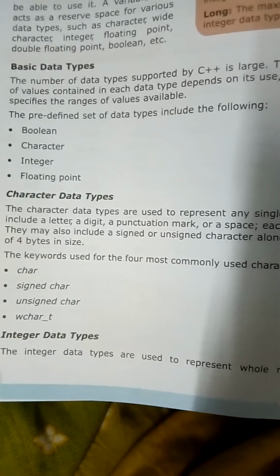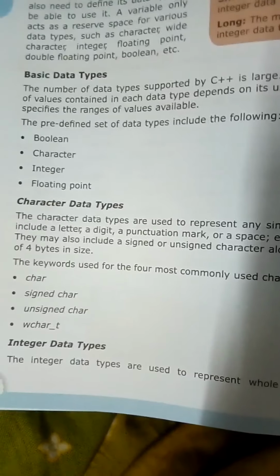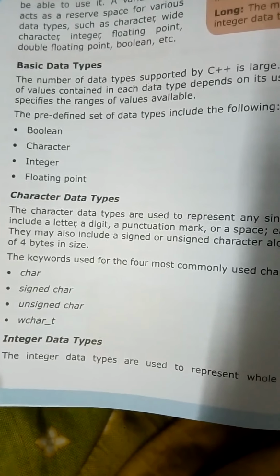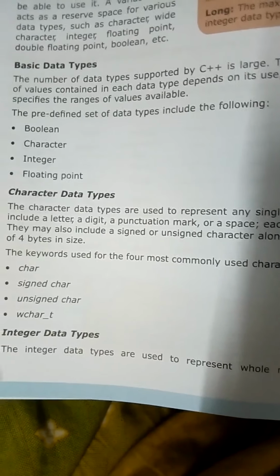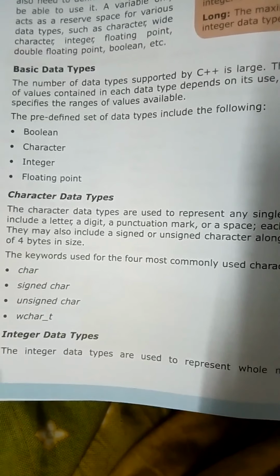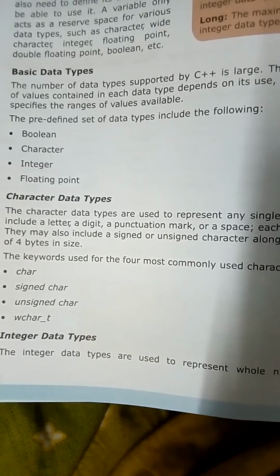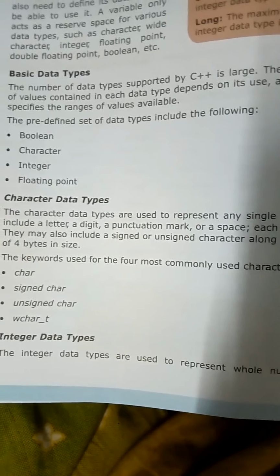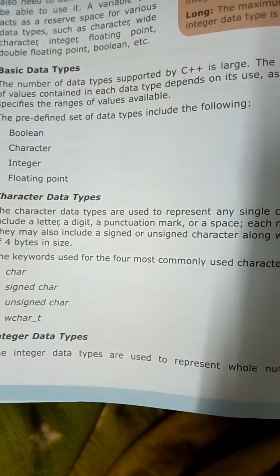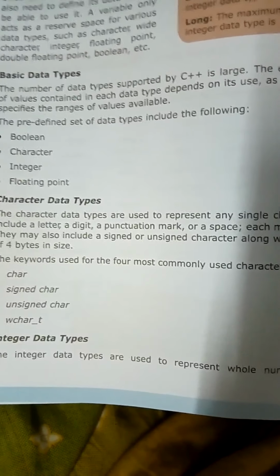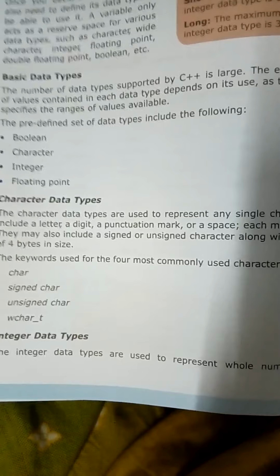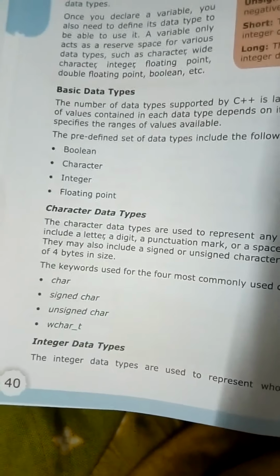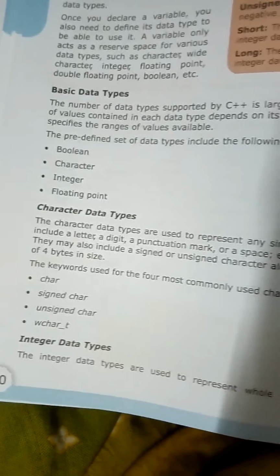Next is the integer data type. Integer means a whole number. It is used to store whole numbers, like a variable num to which you want to assign a value like 10: int num = 10. The range of values is decided by the operating system.